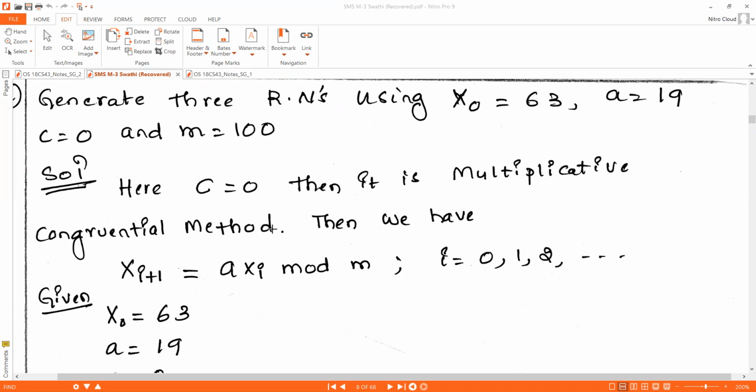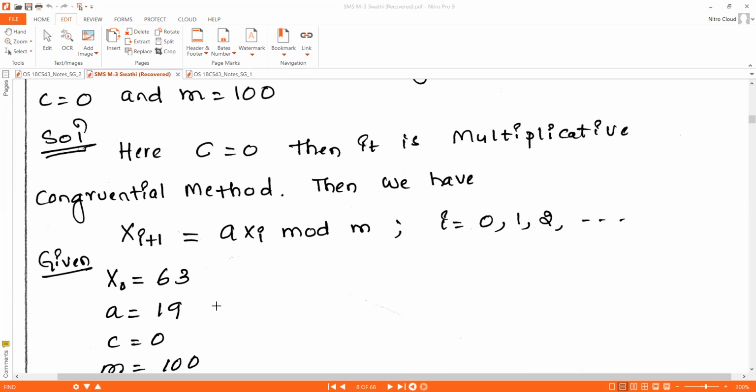We are not adding the c value, since c is 0 here. So x(i+1) equals a into xi mod m.